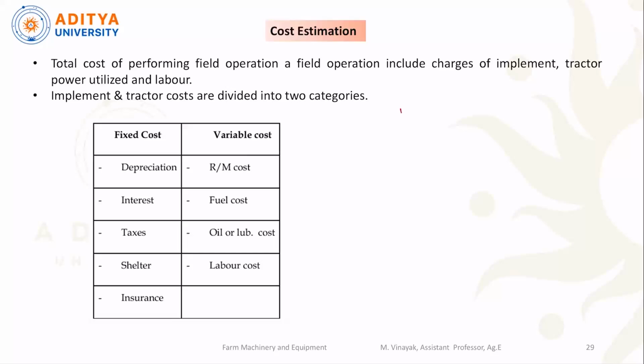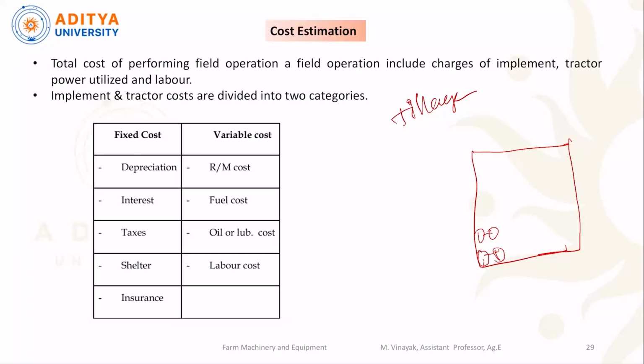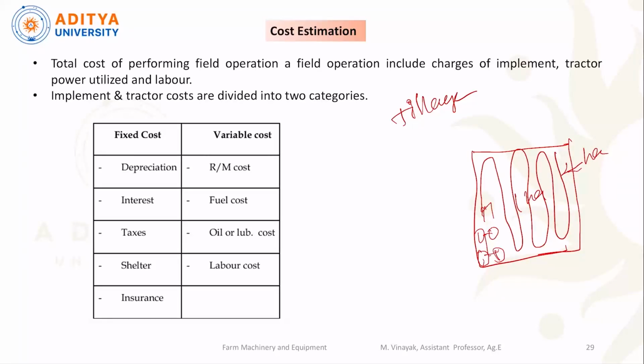Suppose I am taking the tillage operation. For the tillage operation, you need to cover 1 hectare of land by the tractor. It can plow this area, 1 hectare of area.